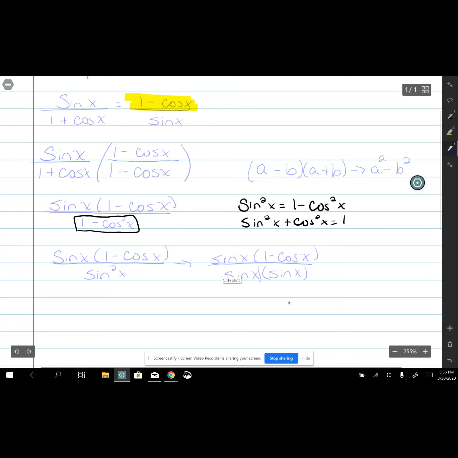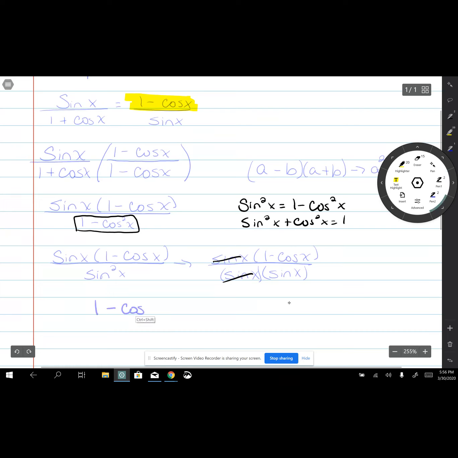So if we take a look at that, that's what I'm doing. Which means if I come over here and I simplify this, I can do that. And then I wind up with 1 minus cosine of x all over sine of x. And that's what I needed.